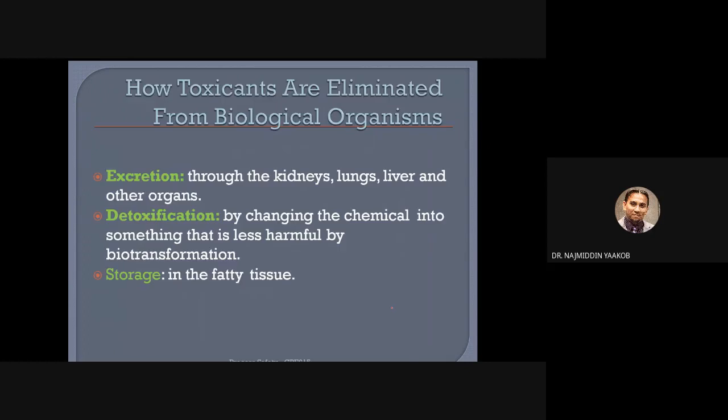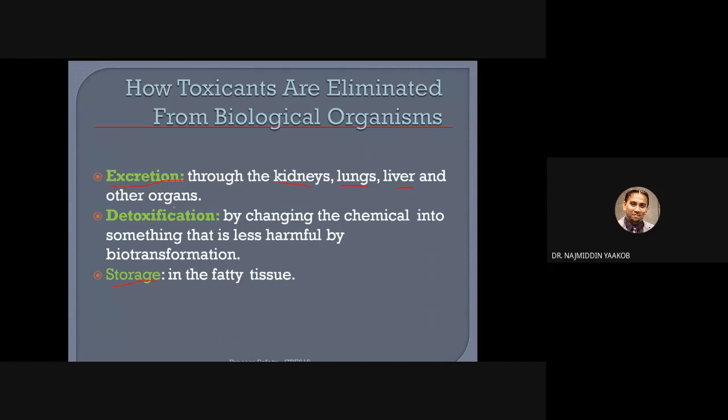And if the toxicant can go in, it can also go out. The toxicant can be eliminated from your body through excretion, for example by the kidney, lung, liver, and other organs. Or you detoxify it by changing the chemical into something else. Or lastly, by storage in the fat tissue.